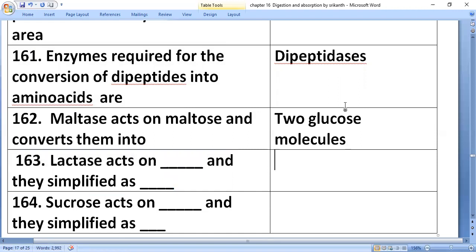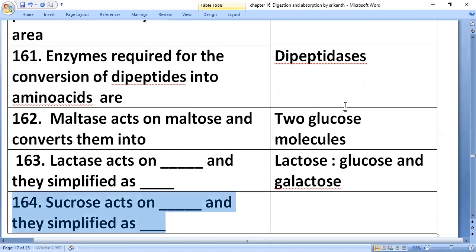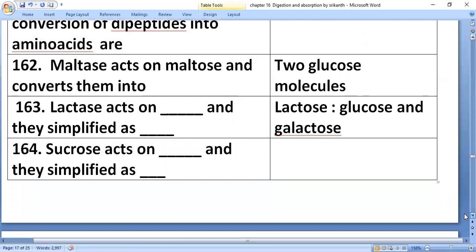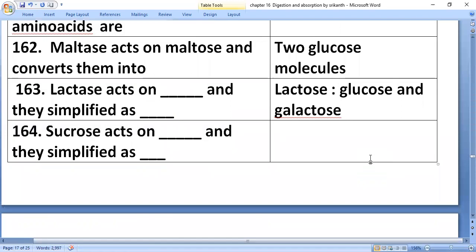Lactase acts on lactose and it is simplified as 1 glucose molecule and 1 galactose. Sucrase acts on sucrose and it is simplified as glucose and fructose.